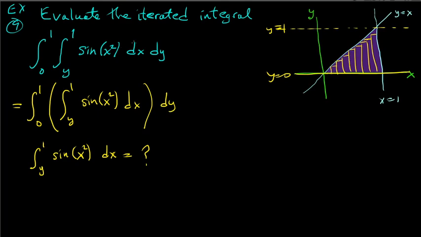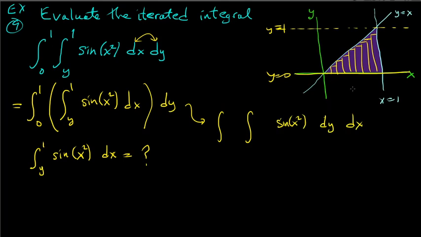In other words, switch the order. We're going from dx dy. We want to change this to... Oops, need a little more space here. Again, don't change the integrand. We're just changing the order. We want to go dy dx now. And this should not be hard.